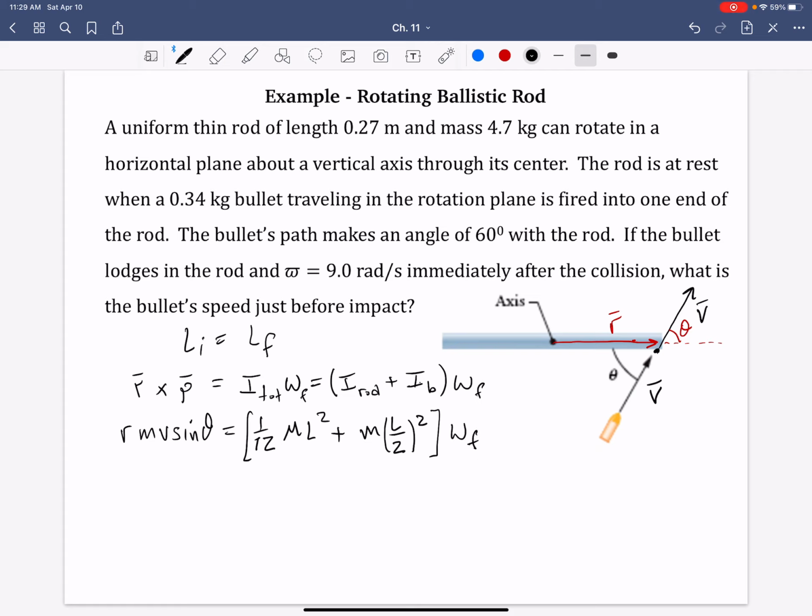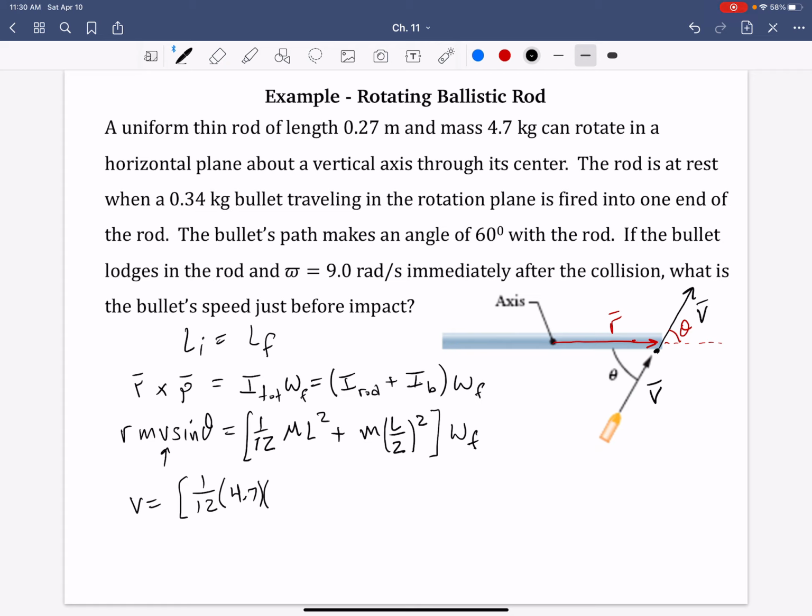So what we wanted to solve for, v, is right there. I think we know everything else. R, M. The magnitude of R is just L over 2. I plugged it in there, but not here. Let's do that now. So 1/12, the mass of that rod is 4.7 kilograms.